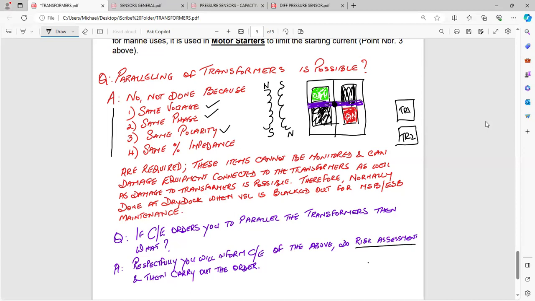Got it, sir. Sir, I have a question. Yeah, go ahead. Sir, this percentage of impedance is also given on the nameplate, specification plate. But then what is impedance?